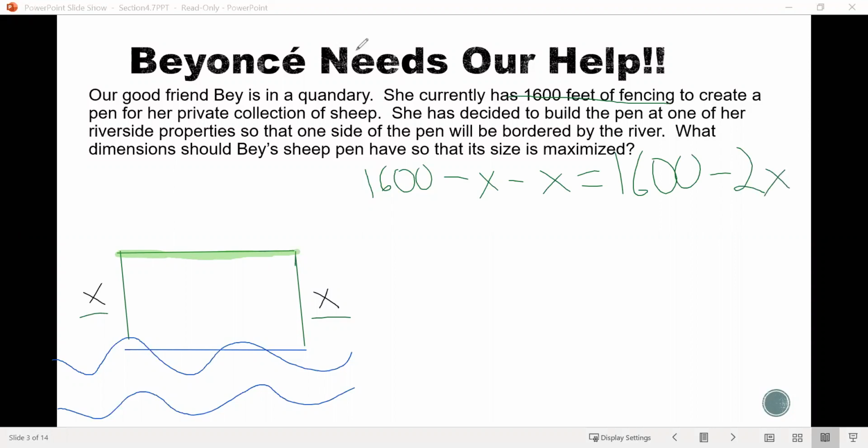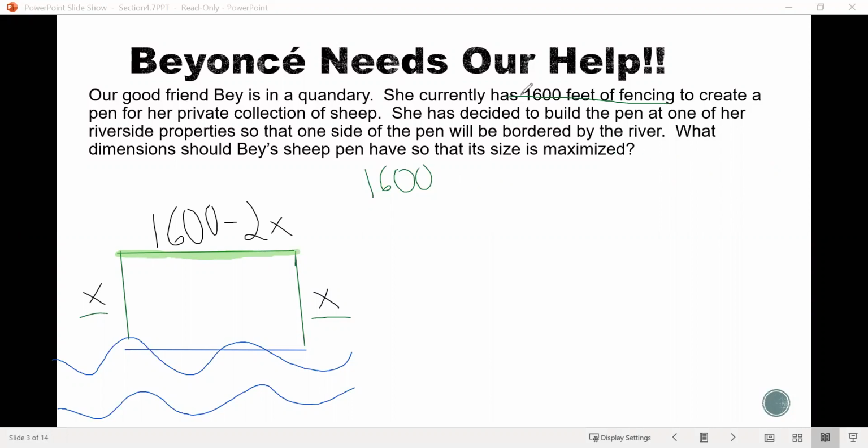So this length here will be 1,600 minus 2X.